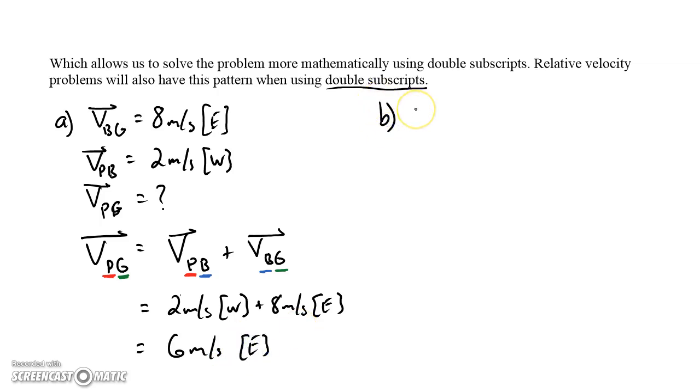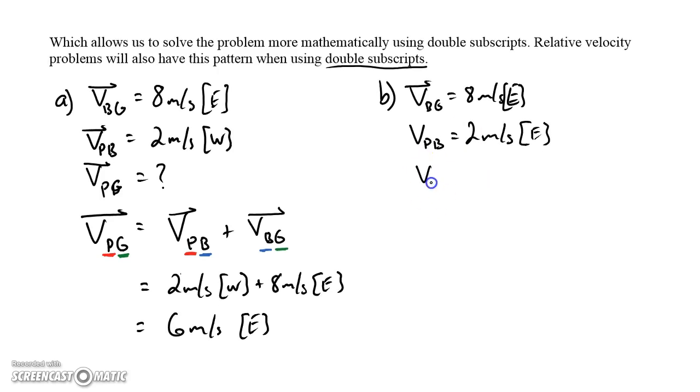Now, if we set up the second one, where now we have v bus to the ground is the same, and v of the person to the bus is slightly different, where we get east because we're going forward, and looking for the same thing, person to the ground, our equation ends up being the same because always following the same order of subscript, so that PG is our P is our first, and G is our last, and then our other one is in between.